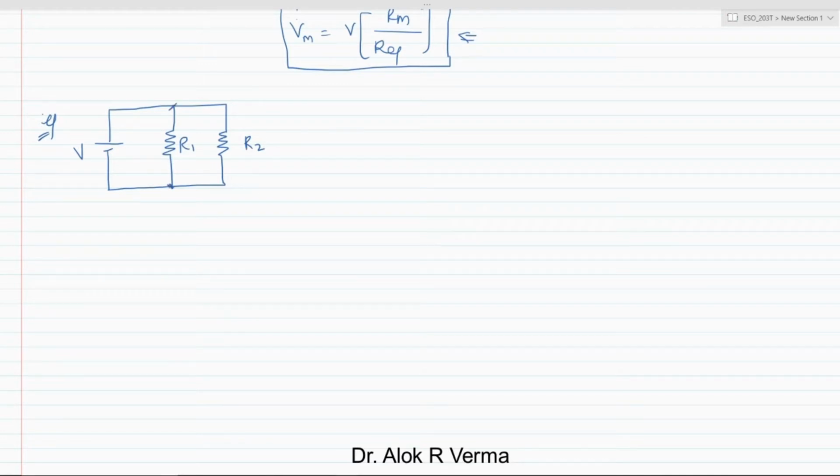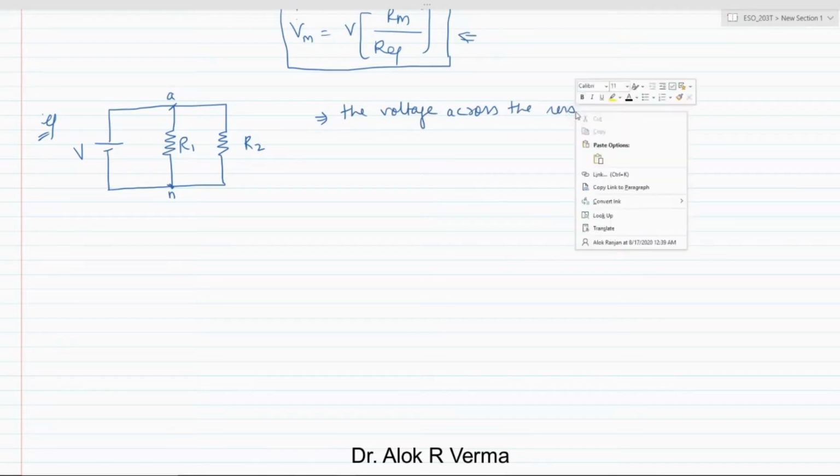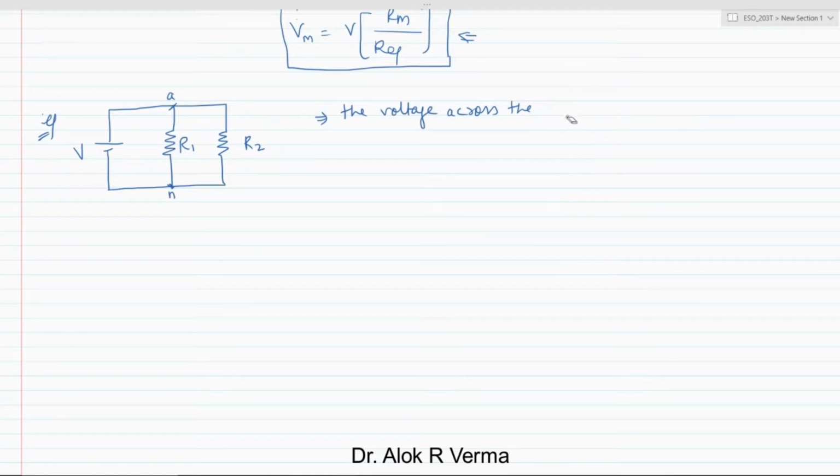Because they share the same nodes, points A and N. So the voltage across the resistors R1 and R2 is the same.